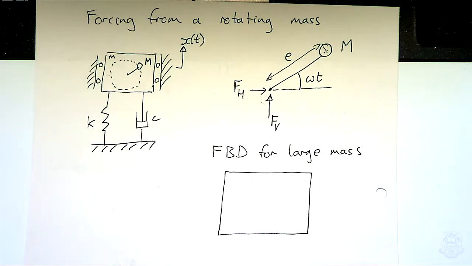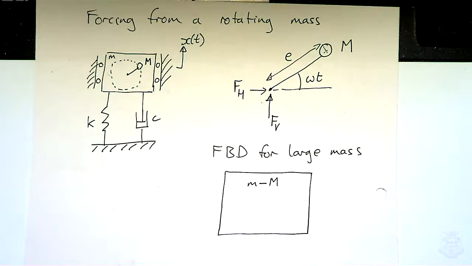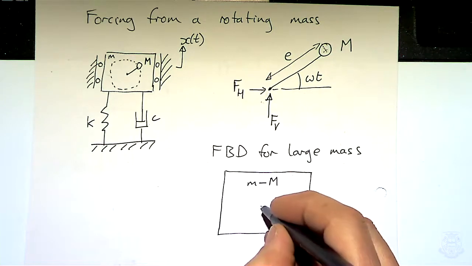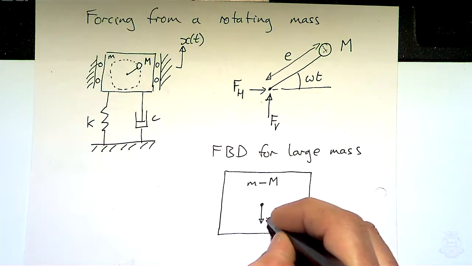If we take the other piece away, we're going to write this as m minus big M, because in the original problem the total mass of the two together is m, so that's the total mass. So this is the mass of the bit without the rotating component. And there's a pivot point here, and of course there are equal and opposite reaction forces on this pivot point, aren't there?